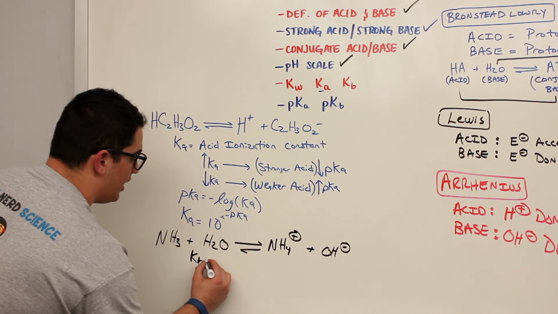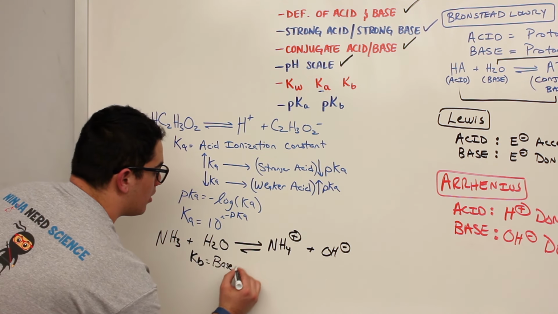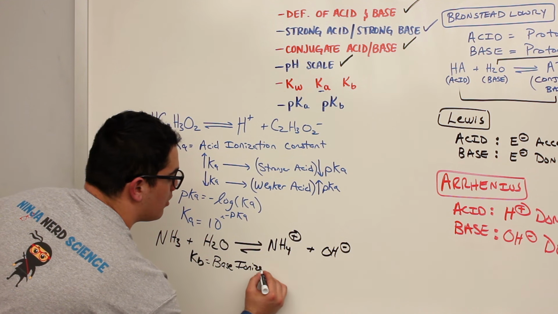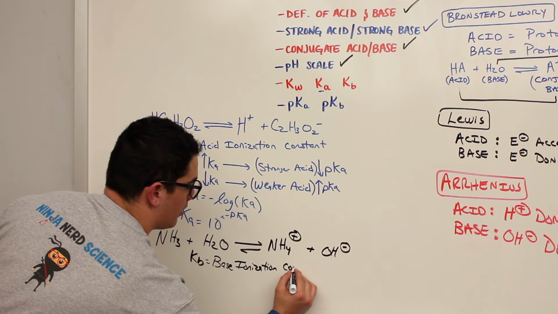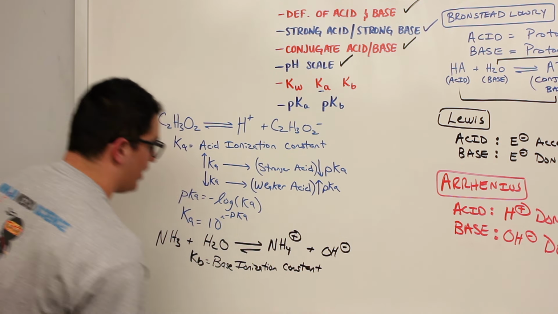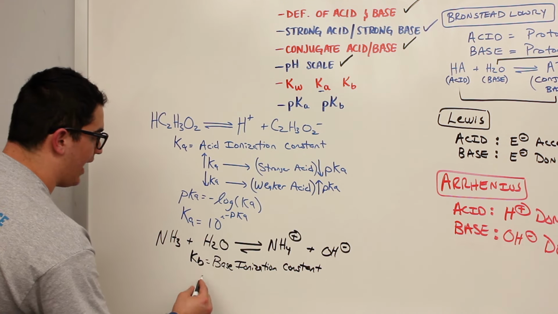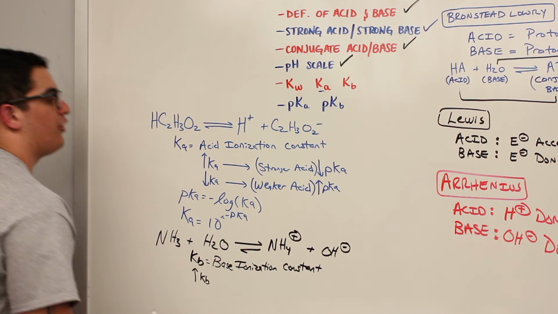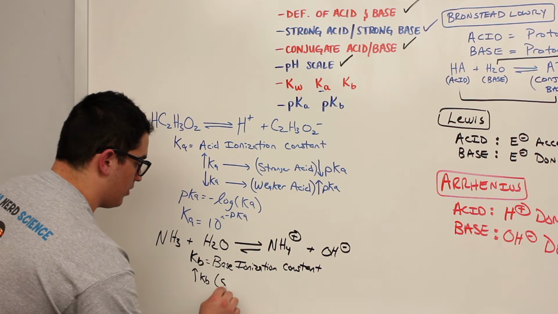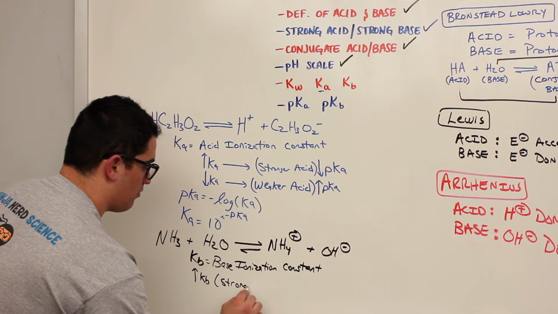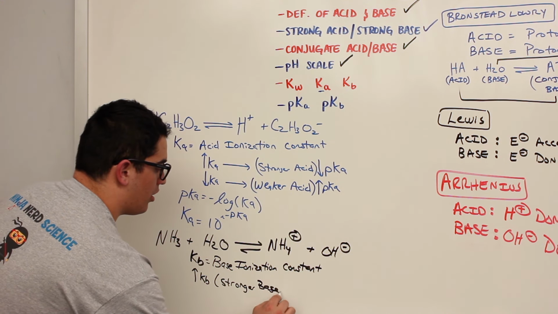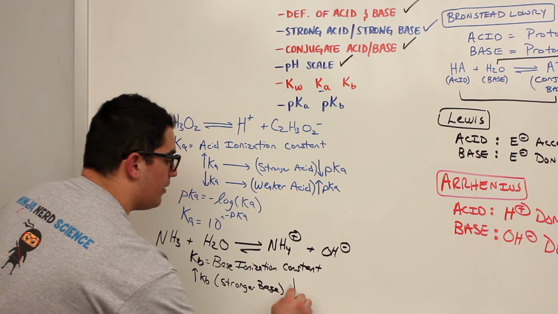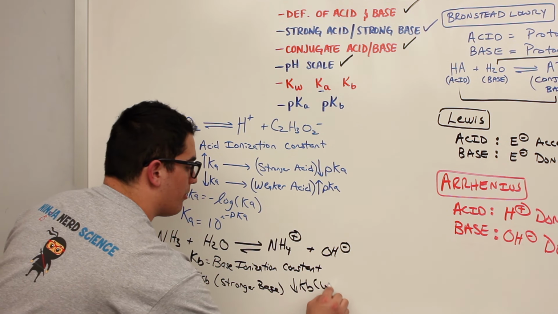And Kb is the base ionization constant. Okay, and it's the same thing we did up here with the Ka. So the higher the Kb, but remember, we got to be careful now. The higher the Kb, the stronger the base. The lower the Kb, the weaker the base.